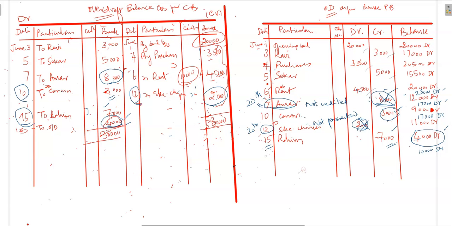And on 15th, let us assume there was some debit in the passbook towards bank charges, rupees 500. Because of which your OD on 15th, after this transaction, will increase to 10,500.